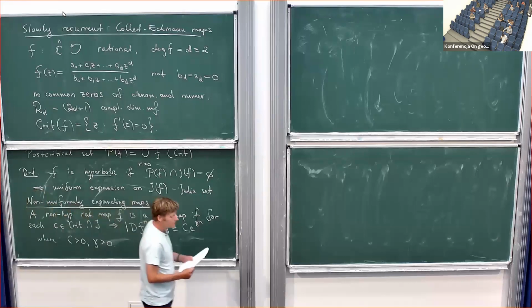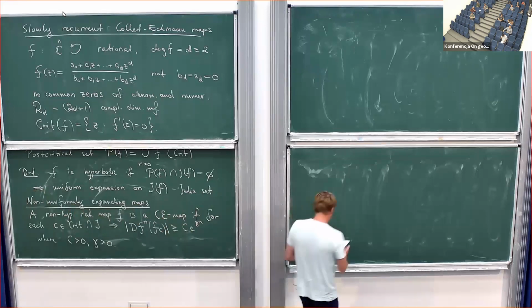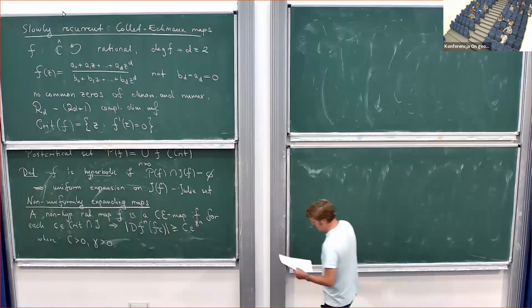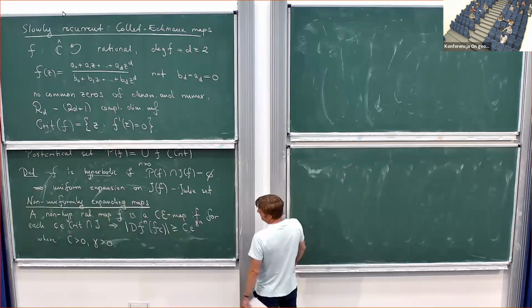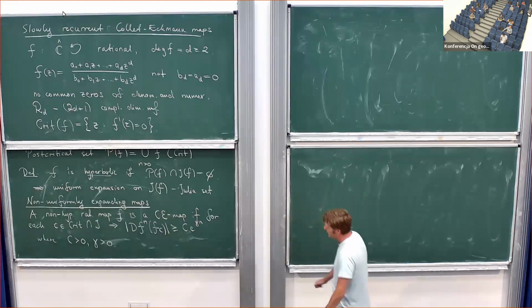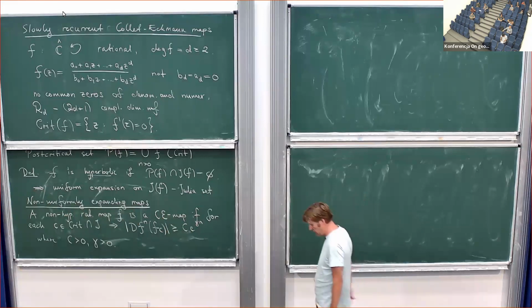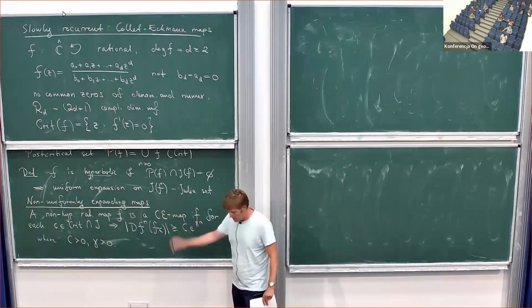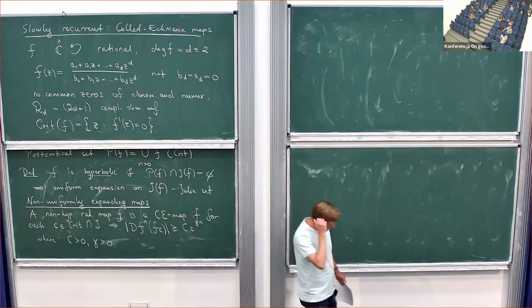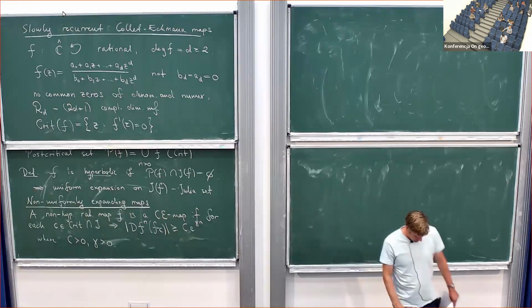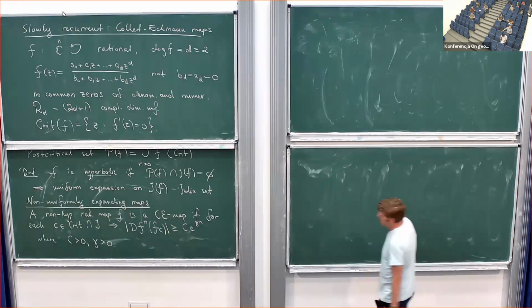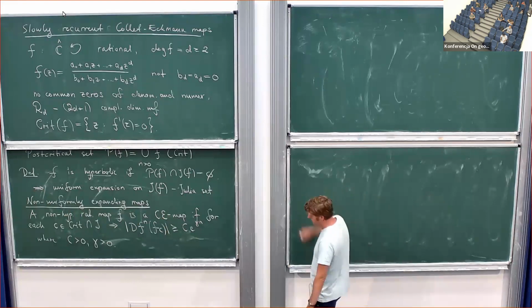And then there are old theorems about the existence of invariant measures and so on, and conjecturally, as in the real quadratic family, almost every map is like this, or is hyperbolic actually. So it's another, stronger version of the conjecture.